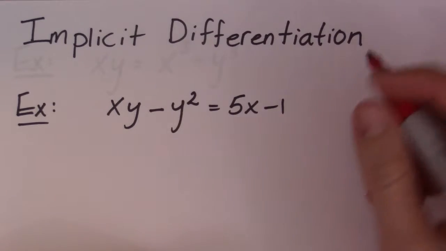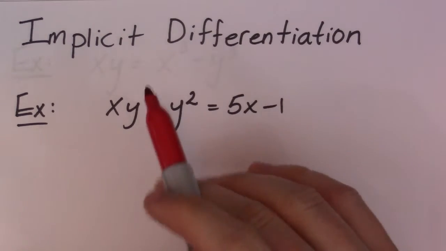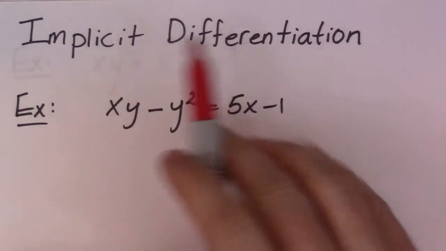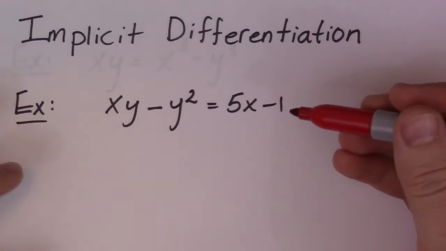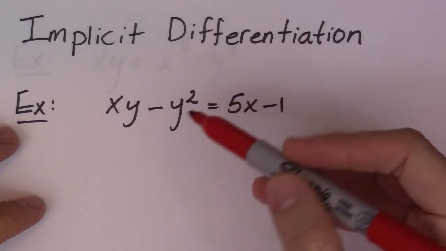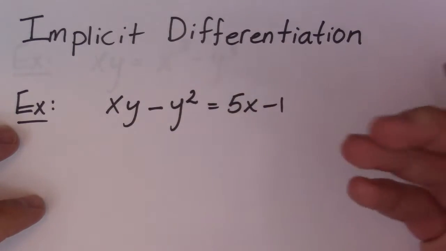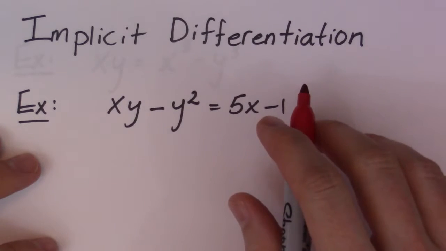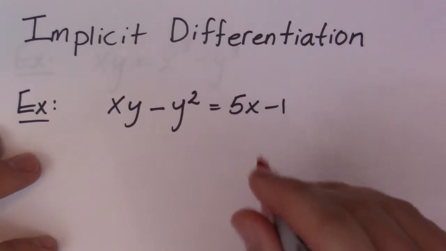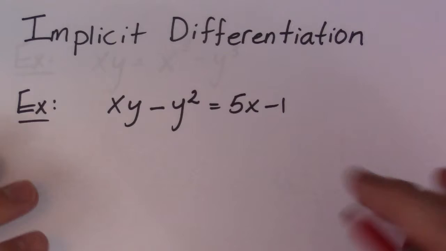In this math video, I'm going to talk a little bit about something in calculus you often run into called implicit differentiation. An implicit function is when you have something that's not solved for y equals. Most of the functions you've probably dealt with up until now in calculus have been explicit functions, so y is equal to 2x squared plus 5, whatever.